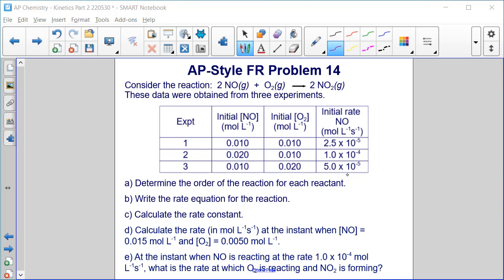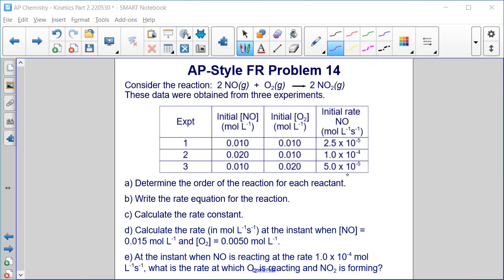B, write the rate equation for the reaction. C, calculate the rate constant. D, calculate the rate in moles per liter per second at the instant when the NO concentration is 0.015 molarity and the oxygen concentration is 0.0050 moles per liter.